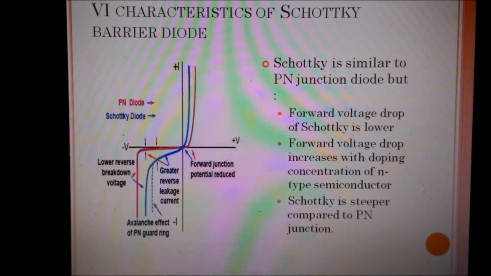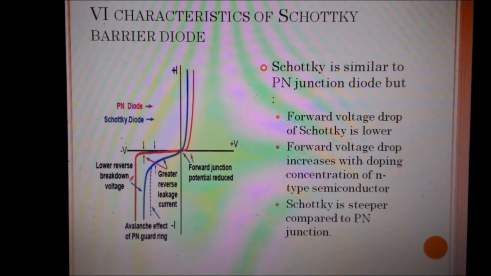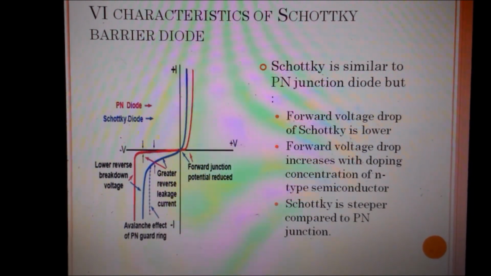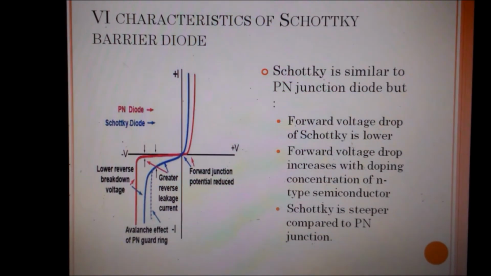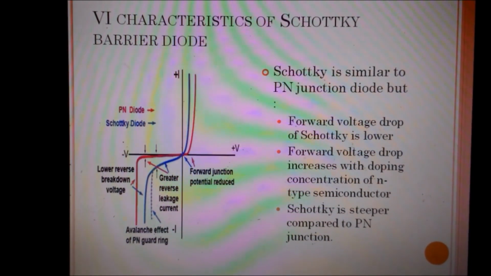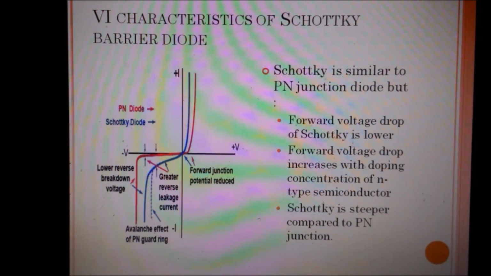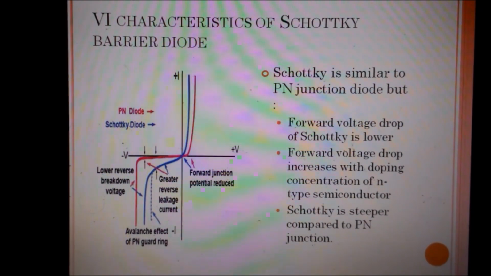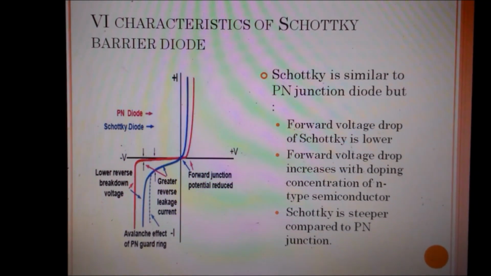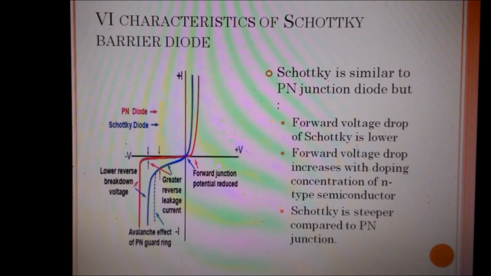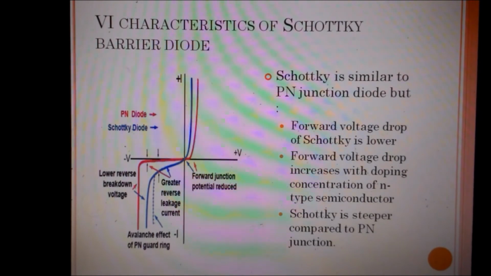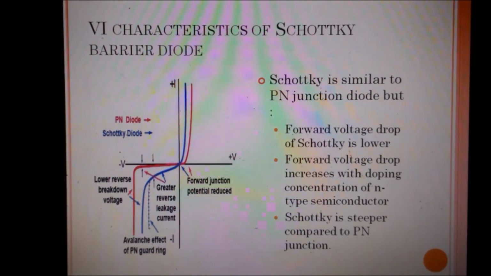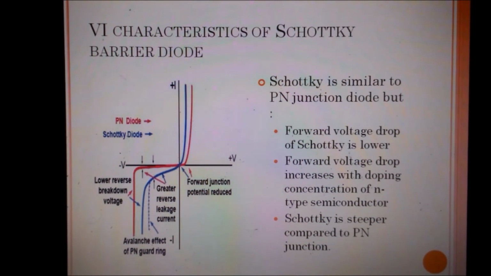A Schottky barrier diode made of silicon exhibits a forward voltage drop of 0.3 to 0.5 volts. Second, the forward voltage drop increases with increasing doping concentration of the N-type semiconductor. Third, the V-I characteristic of the Schottky barrier diode is steeper compared to the PN junction due to the high concentration of current carriers.